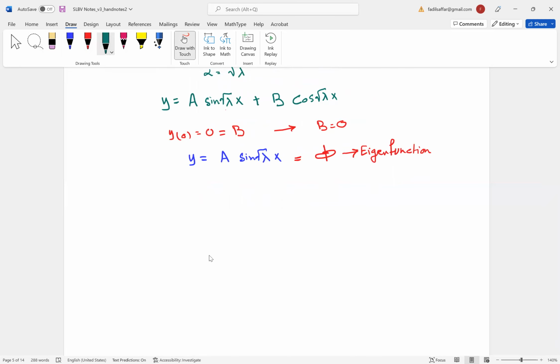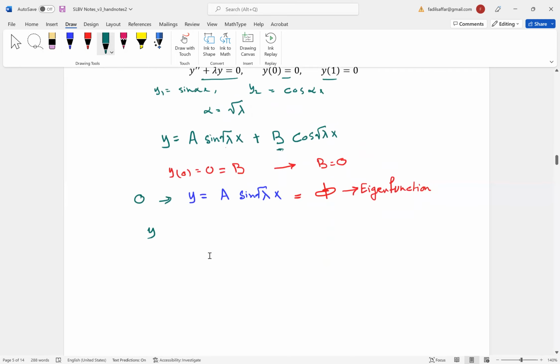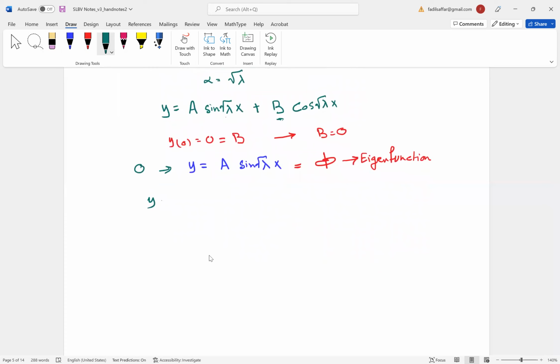If we proceed now, we'll find the characteristic equation and eigenvalues. And to do it, we'll apply the other boundary condition. Usually we start with the boundary condition at 0, so that one of the terms will cancel out and we obtain the eigenfunction. And then we apply the other boundary condition, which is y at 1 equal to 0. If we plug that in, we'll have a times sine square root of lambda equal to 0.